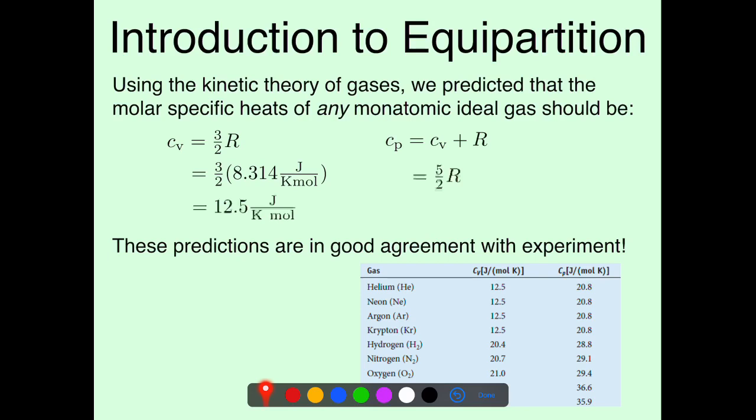For CP, we're plugging in 3/2 times R for CV, and we're adding R to that, which gives us 5/2 R. And if you plug in the ideal gas constant and crunch the numbers, what you'll get is about 20.8 joules per Kelvin mole.